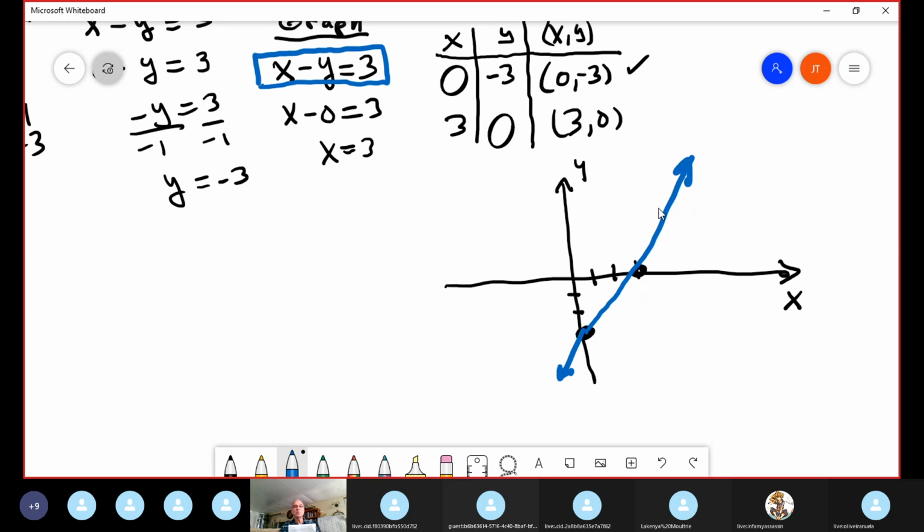In this case, I explained using intercepts. The intercept is the point in which the line crosses the x-axis, this is the x-intercept. And the point where the line crosses the y-axis is the y-intercept. Okay? Was it clear?